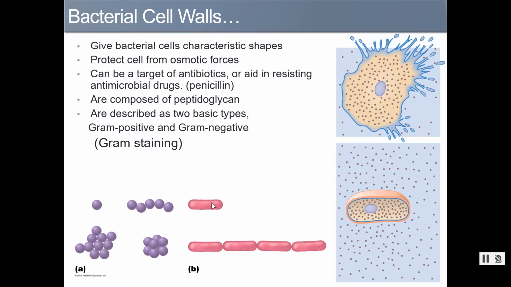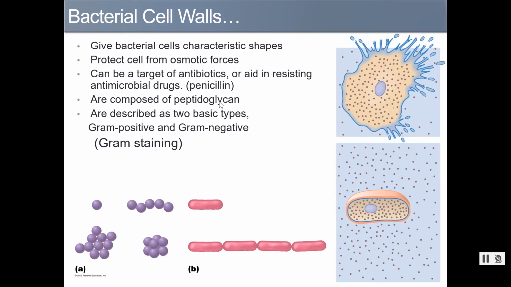Those shapes can be in multiple different arrangements. They can be in long lines, and we refer to this with the prefix strepto, so streptococcus for my circular shapes, streptobacillus for this, and then it can also be in clusters, and this is referred to as staphylo. So it gives us its characteristic shapes.